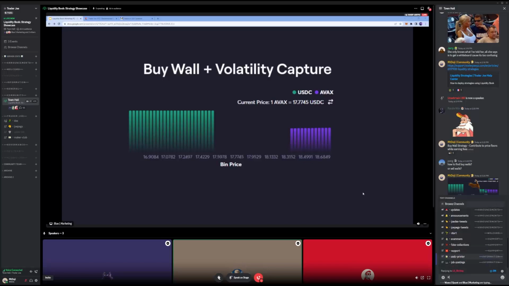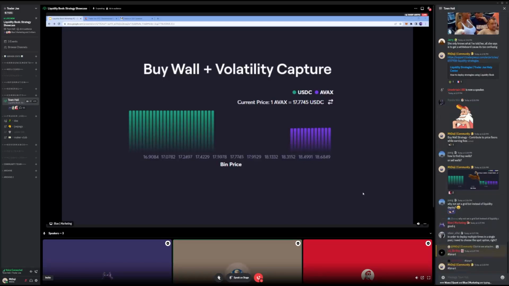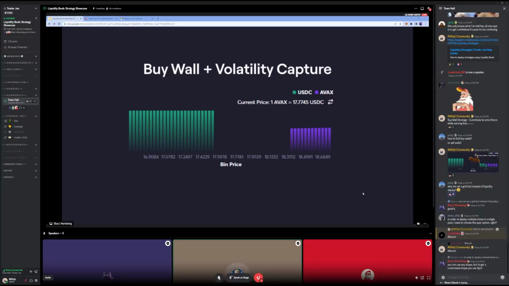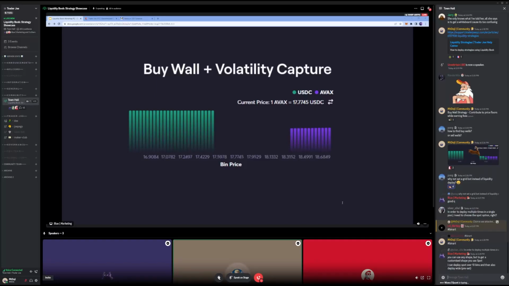Liquidity Book with tokens that are configured with one bin every 100 bips does exactly the same without the burden of all the transactions that a CEX does. So with a centralized exchange, every time a grid is hit, you actually have a transaction, a buy and sell, which actually costs you fees, funny enough.